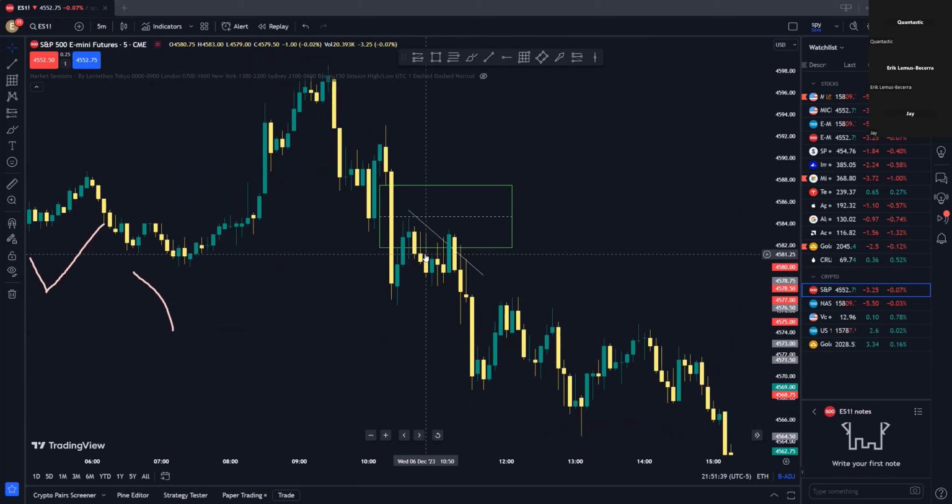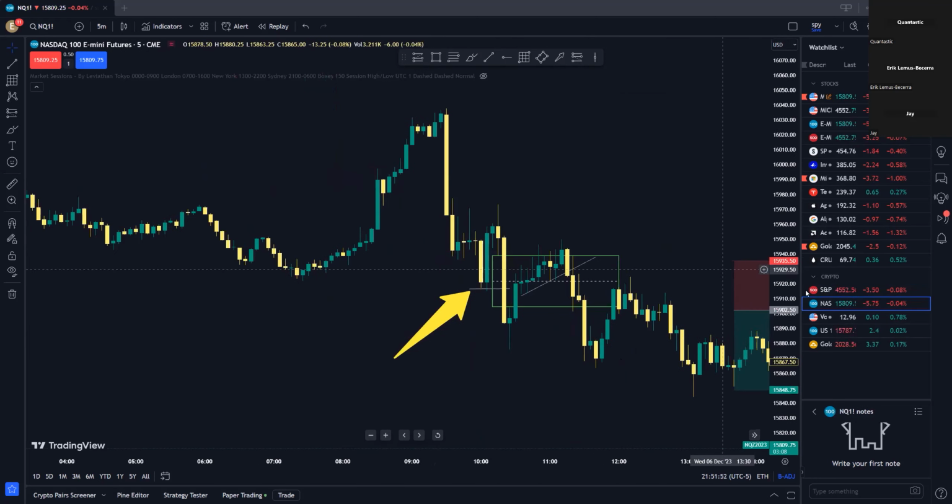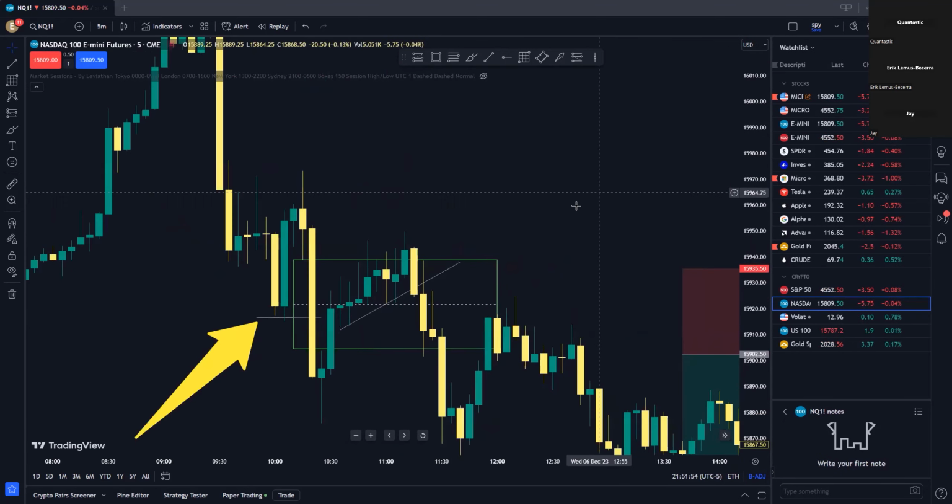We kept saying that over and over because I was in shorts here and Mango was in longs on NQ. You could see why, because this one was showing me that it wants to reject, and I was bearish. But on Mango's screen, it was showing her an uptrend going to the upside. So when she got this massive green candle, she was ready to go long, so she got in longs.